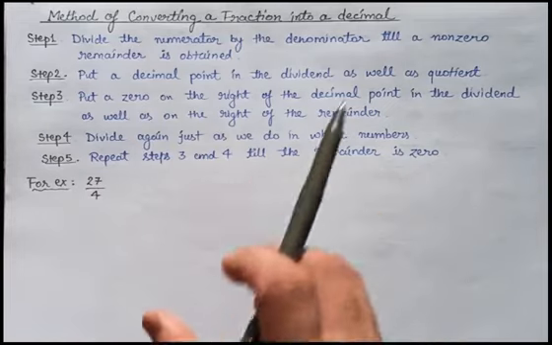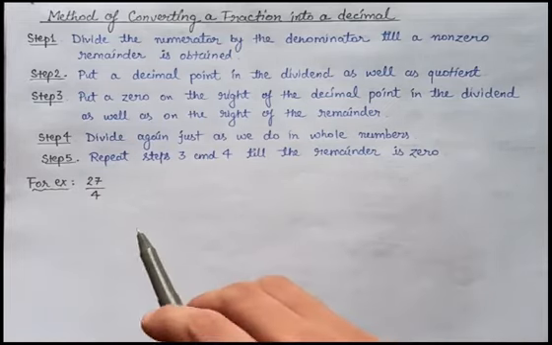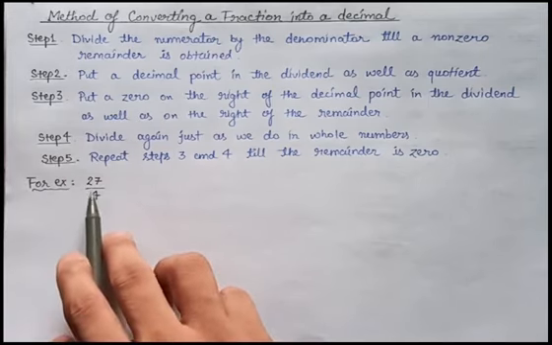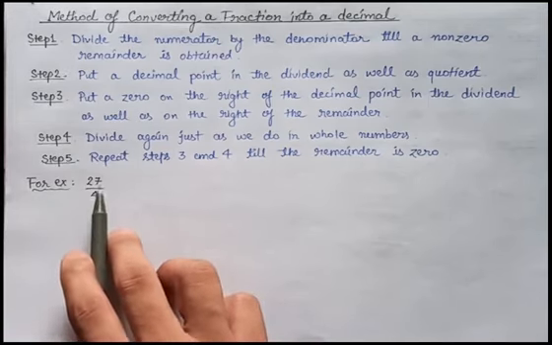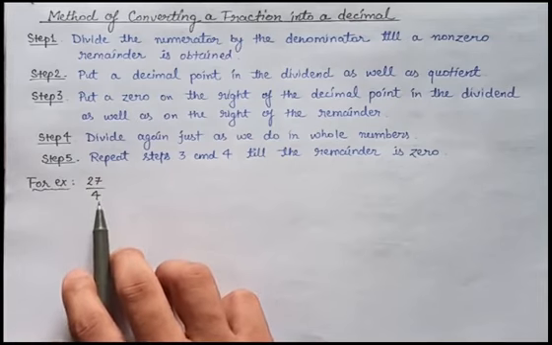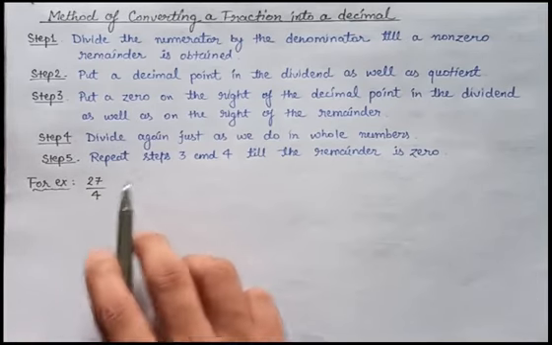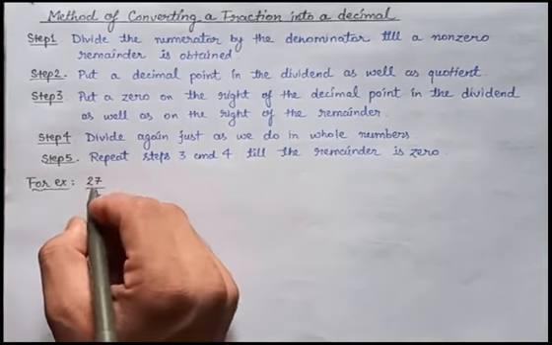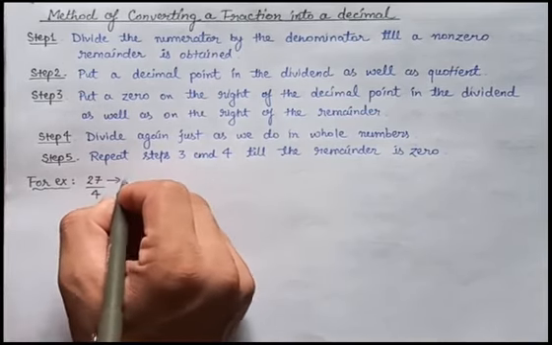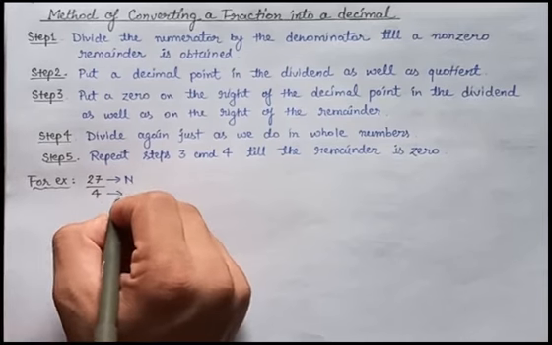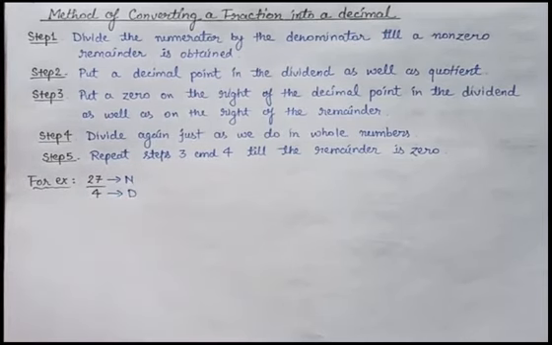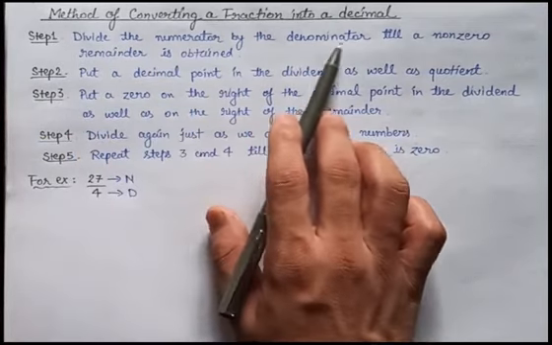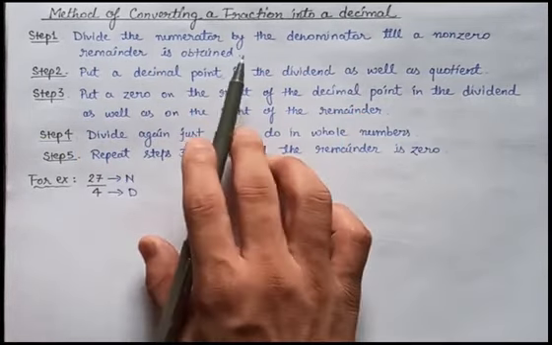So let us understand these steps with the help of an example. Here we have an example, 27 by 4. We have to convert this given fraction 27 by 4 into its equivalent decimal. From this example it is clear that 27 is the numerator and 4 is the denominator. So our step 1 is divide the numerator by the denominator till a non-zero remainder is obtained.